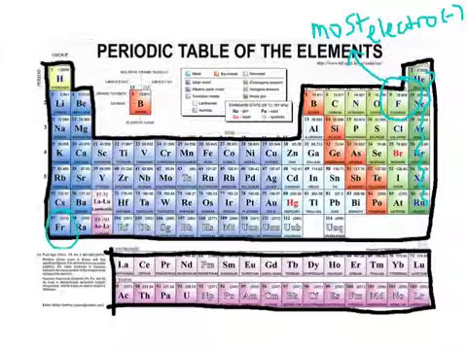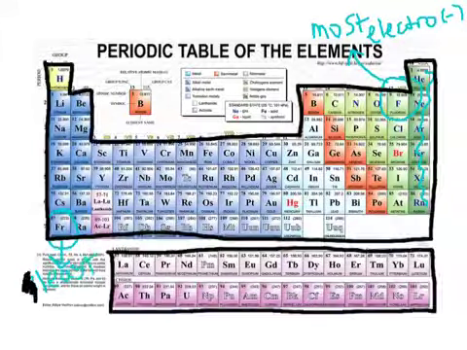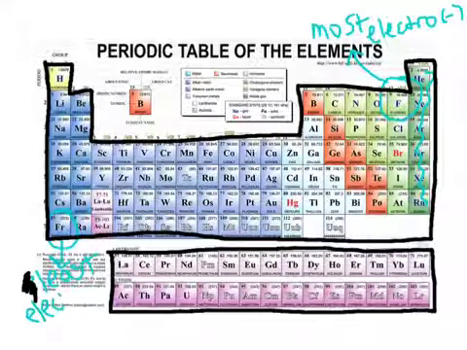So that means francium down here is the least electronegative. So we've got two dichotomies here. Upper right-hand side is the most electronegative. Lower left-hand side is the least electronegative.